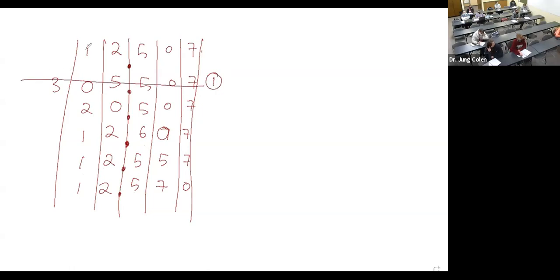And then what? We can compare the next line, the next vertical column. We see that this is the next biggest, right? So this will be the next number. We can put first number, second number, and so on and so on. Now let's look at the next column. Oh, they are all the same. So move on to the next column. Oh, I see. 6 is the greatest, right?